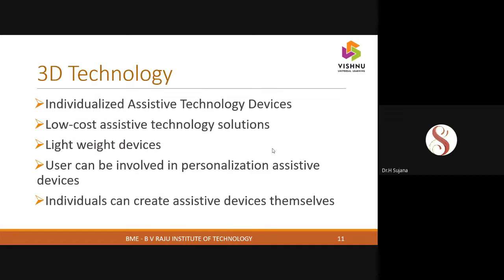Like yesterday, I think Sudhir was saying if you take too much time in identifying the problem and coming up with a product, it may not be useful for that particular user. So you have to give a solution to him quickly. This helps in giving a quick solution to a differently abled person.